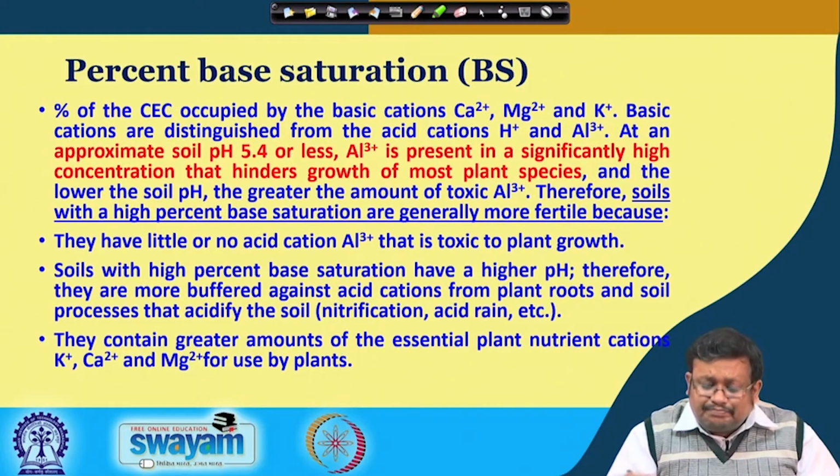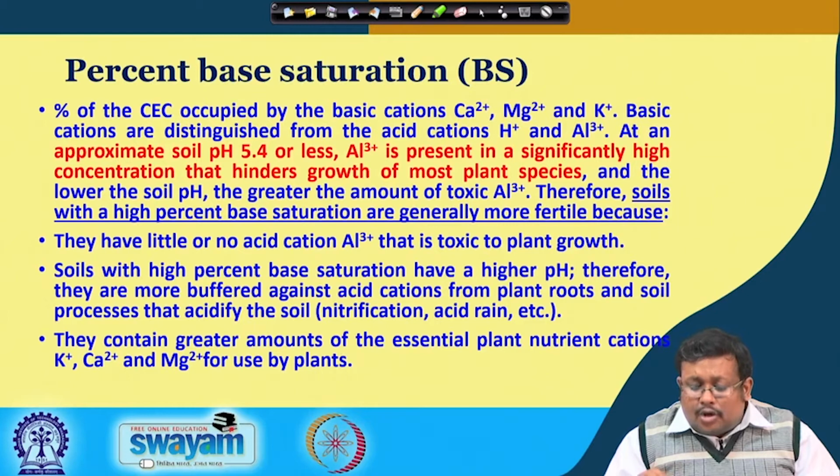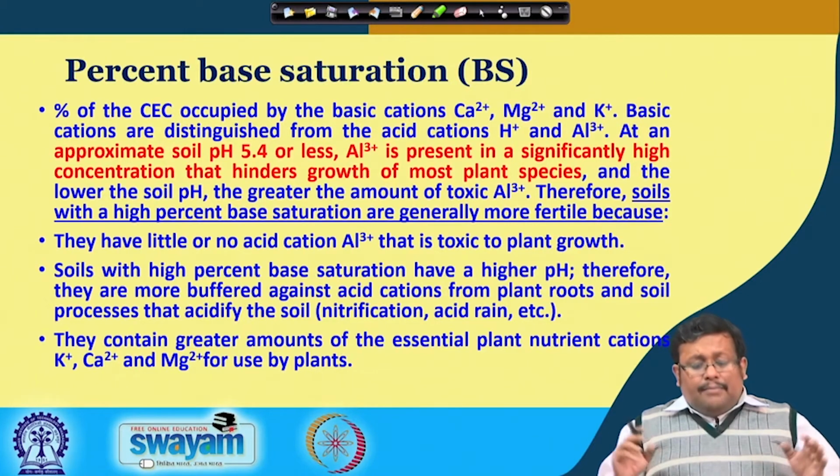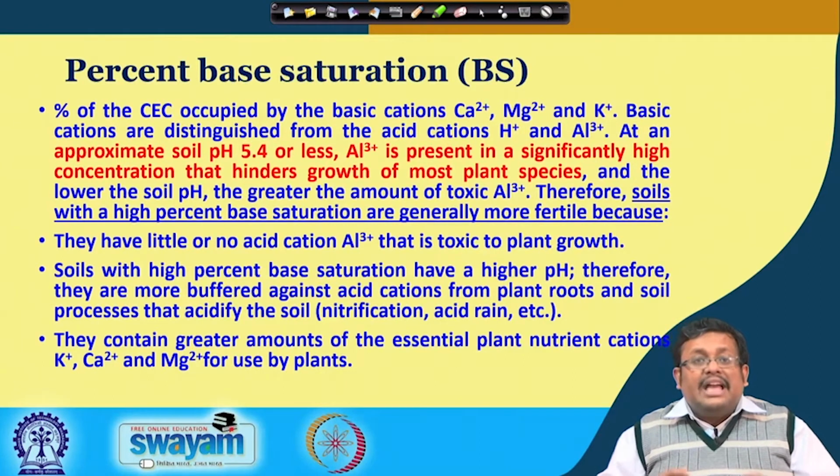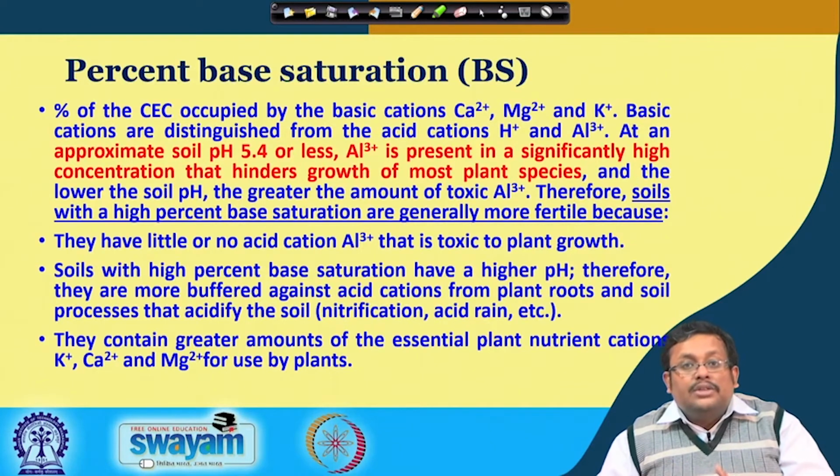Obviously, a soil with high percent base saturation will have more fertility, and it has little or no acid cations like Al3+ that are toxic to plant growth.